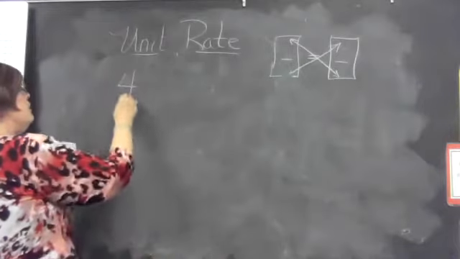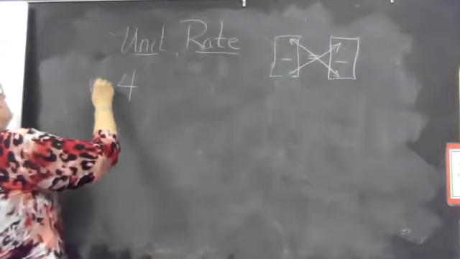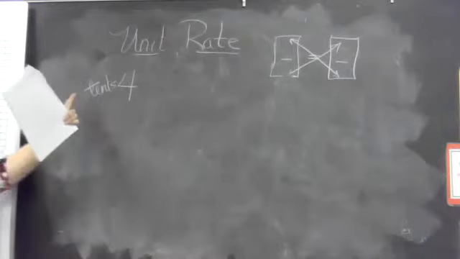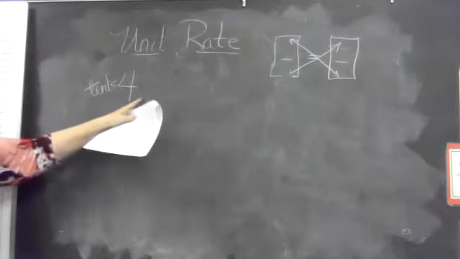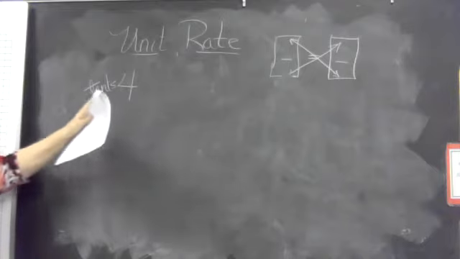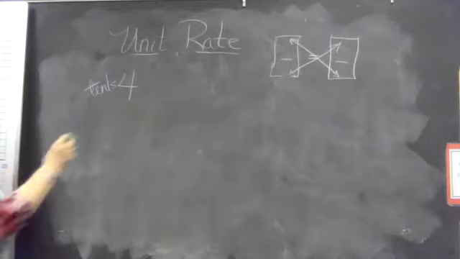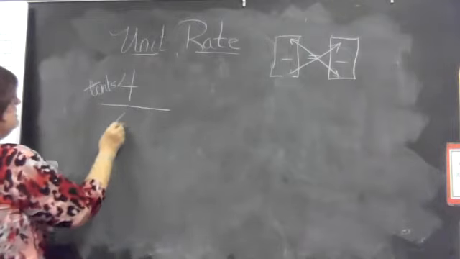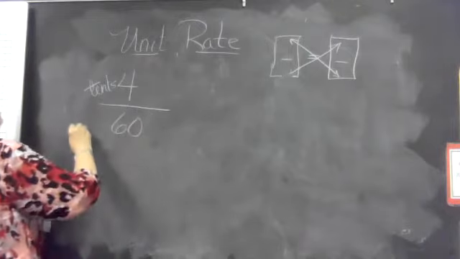Okay? So here's what I know. I know 4 tents. I'm going to put tents out here. You don't want to put a T because that's like you're solving for it. So tents, I'm going to put on top. I chose that. 60, and I'm going to put here.